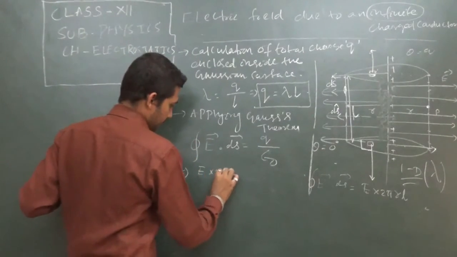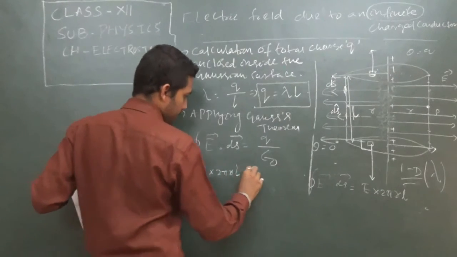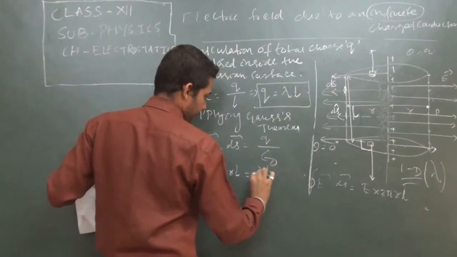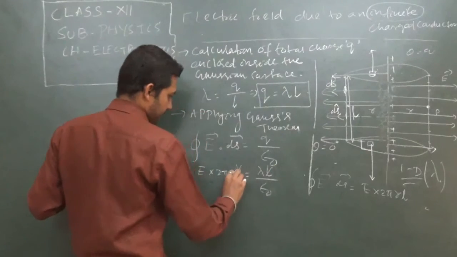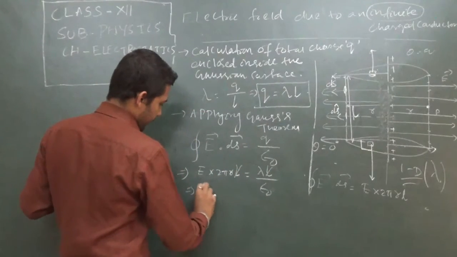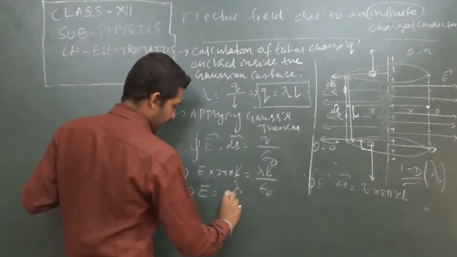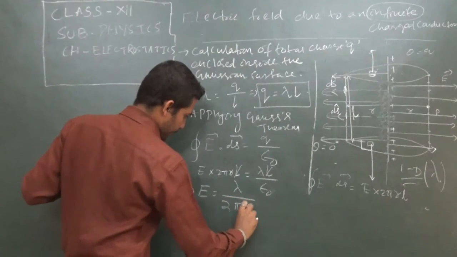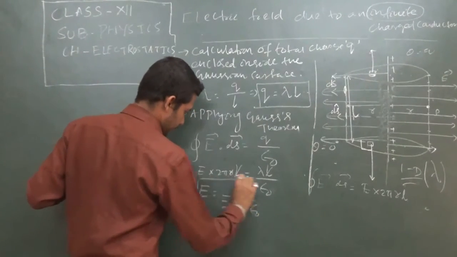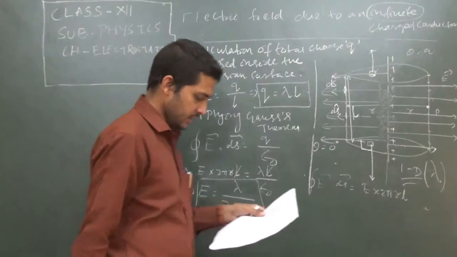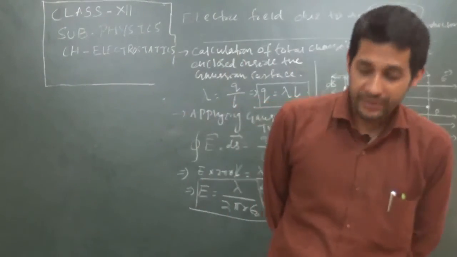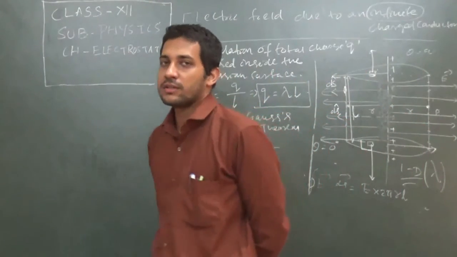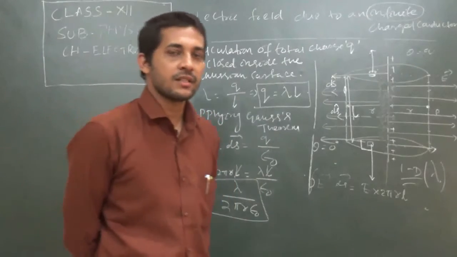E times 2 pi RL equals lambda L by epsilon naught. So L will be cancelled out. We need to find the electric field, so it will be lambda by 2 pi R epsilon. This is the expression for electric field in case of a long, straight, infinitely charged conductor.